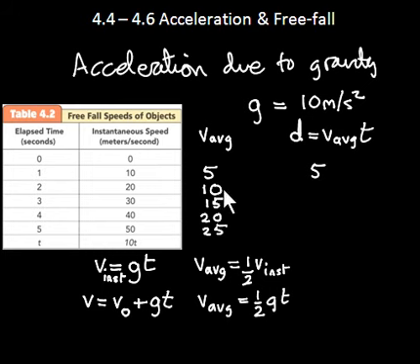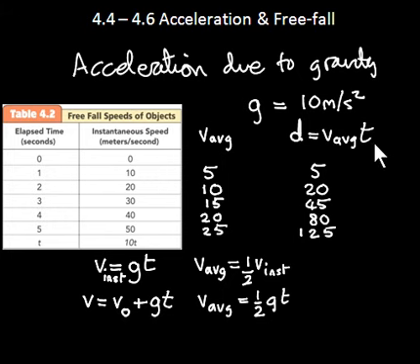Travel at an average of 10 meters per second for 2 seconds. 10 times 2 is 20 meters. 15 times 3 is 45. 20 times 4 is 80. 25 times 5 is 125.